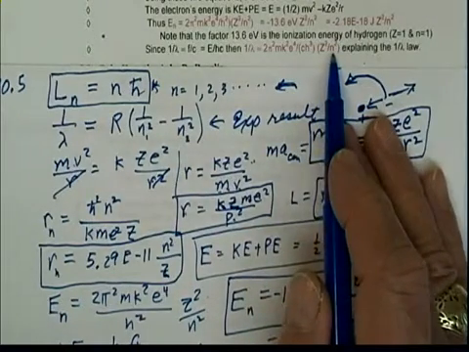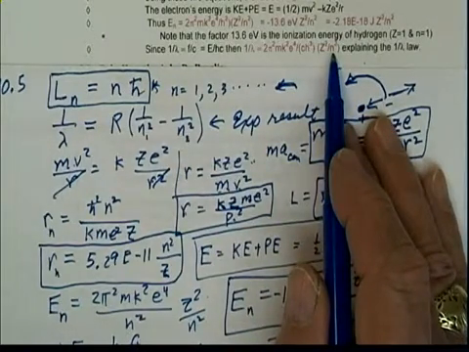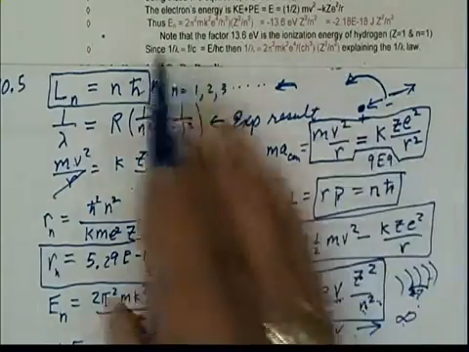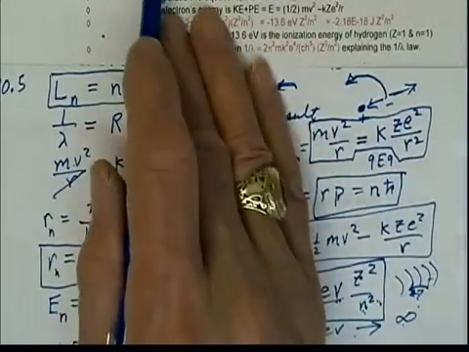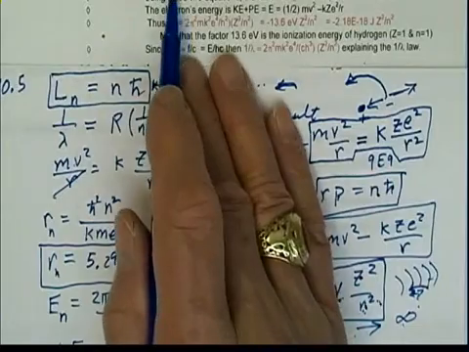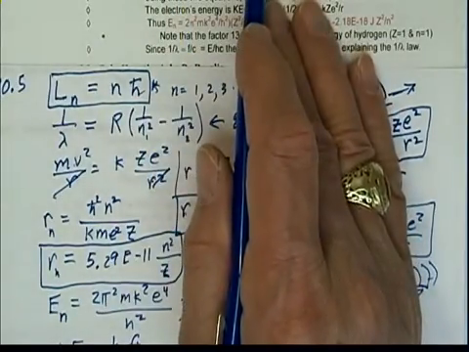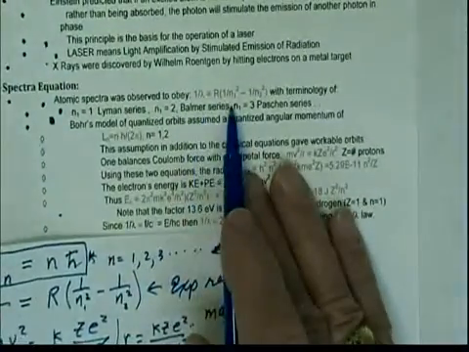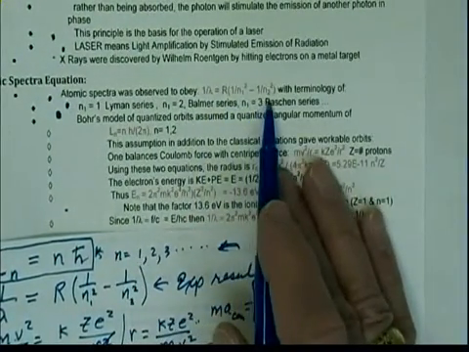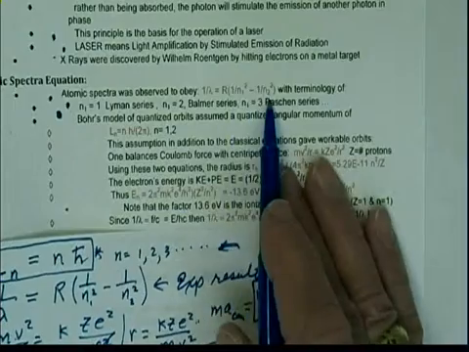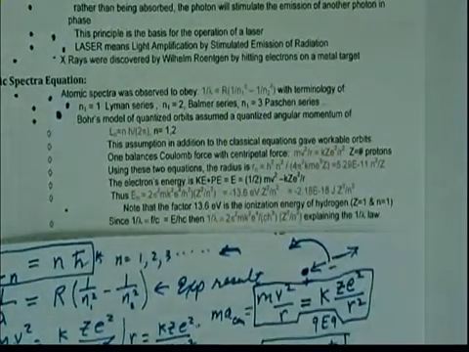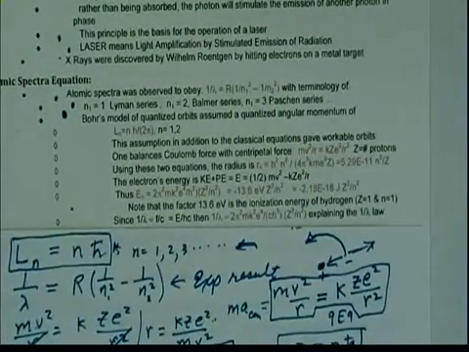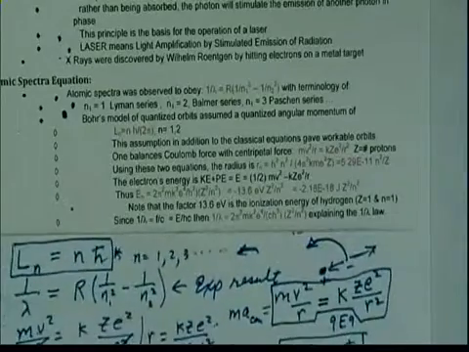It looks kind of messy, and then I have a 1 over N squared. So except for those constants, I get all this junk and then a 1 over N squared, and that exactly predicts this equation that we had back up here, where 1 over lambda is equal to R times 1 over N squared for the first level minus 1 over N squared for the second level. And we have a theoretical prediction of that.